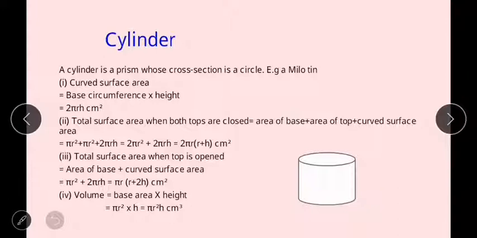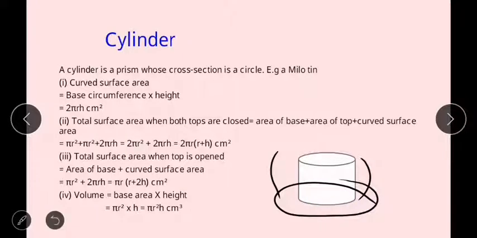Don't forget, the top has already been opened. What would that give you? Since the top has been opened, that means the top has been cut off and we no longer have a top for that particular cylinder again. So what are we left with? We are now left with the curved surface area and the what?